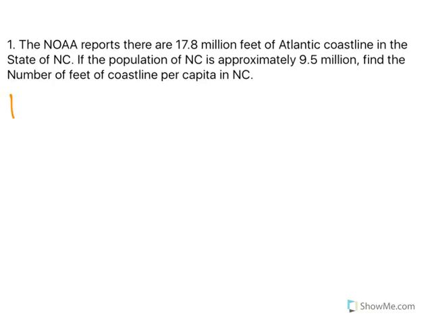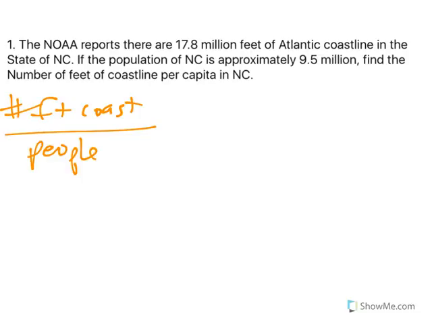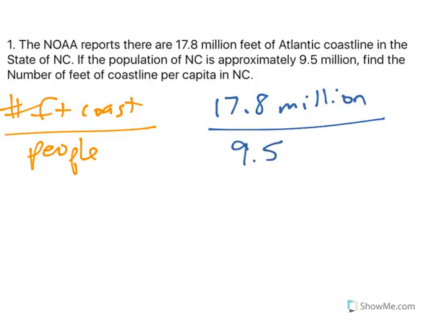Okay, so now we're looking at number of feet of coastline per capita. I like to think about it in terms of words first before I go to my actual mathematics. So what's the coastline? There are 17.8 million feet. And there are 9.5 million people.